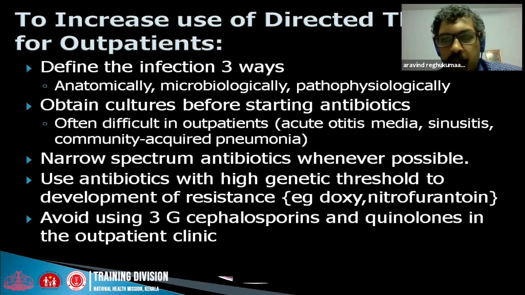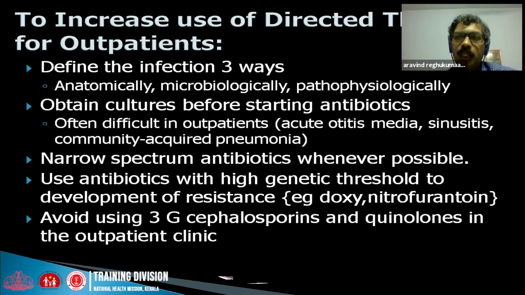Whenever possible, we should choose narrow spectrum antibiotics to decrease the risk of collateral damage and thereby selecting out resistant organisms. And we should use antibiotics with a high genetic threshold to development of resistance. High genetic threshold to development of resistance means low resistance potential. Antibiotics like doxycycline, nitrofurantoin, etc. And this concept is actually mirrored in the WHO AWARE classification.